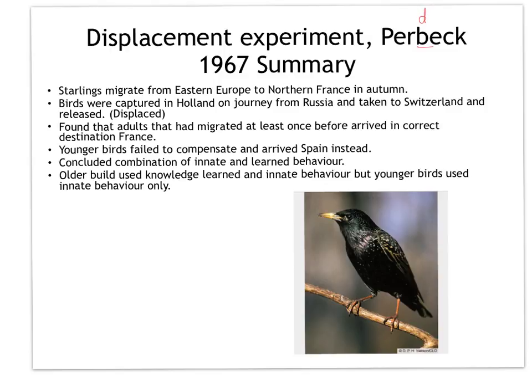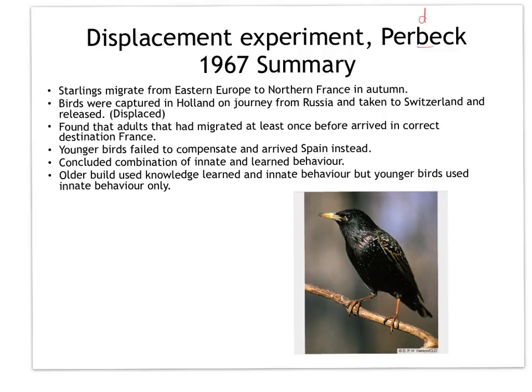And in subsequent years, these adult birds would return again to winter in Spain and in Portugal, yet again. But another displacement experiment of starlings was done on the Barcelona coast in Spain, and it ended up with similar results.